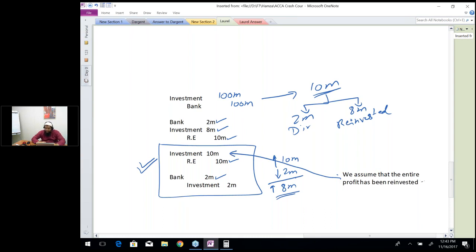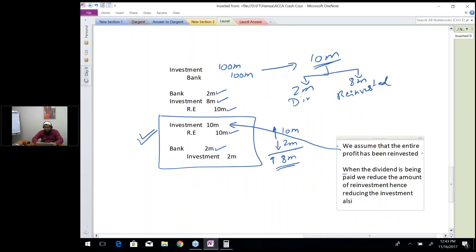This is your question also, Simran. We assume that the entire amount has been reinvested. So that would increase the investment and the profit. And when the dividend is being paid, we reduce the amount of reinvestment, hence reducing the investment also. So we are assuming that the entire amount has been reinvested.